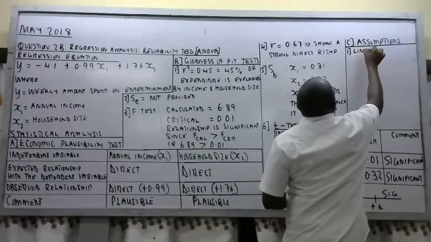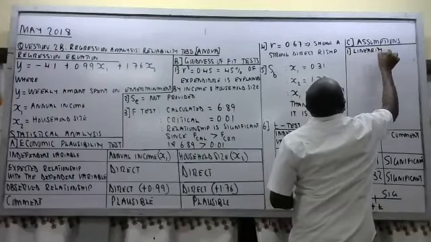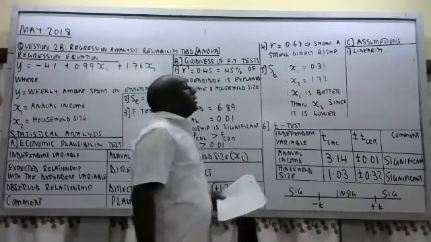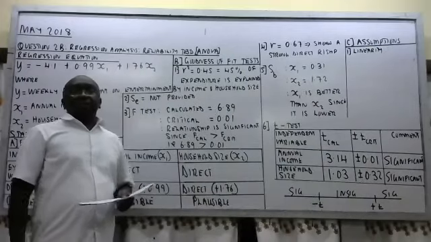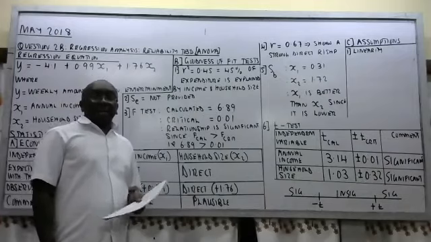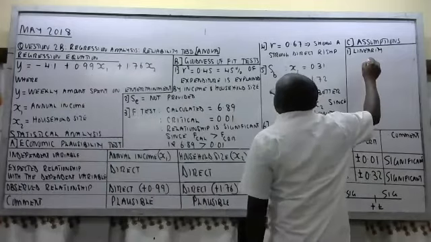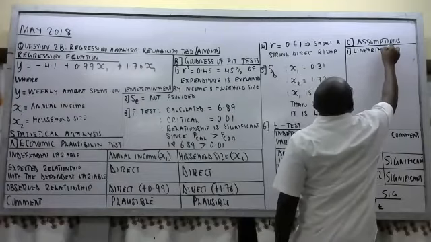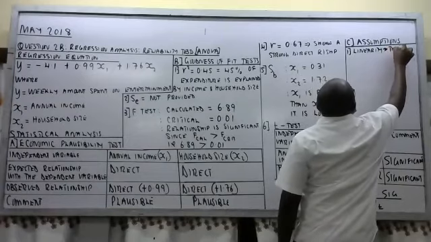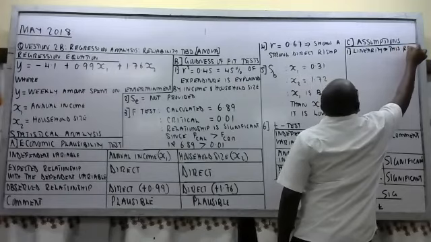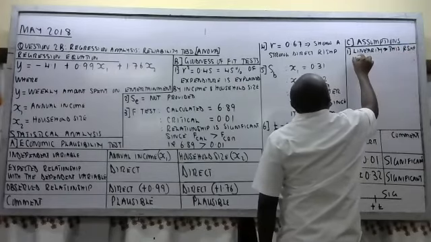The first one is called linearity. So linearity, we will say the relationship is linear. This relationship is linear.